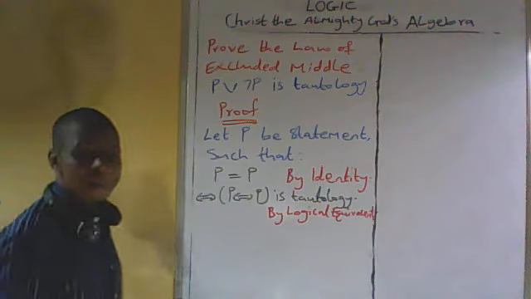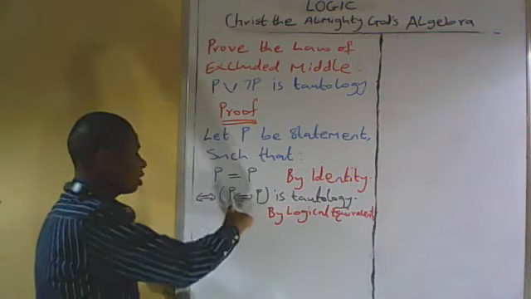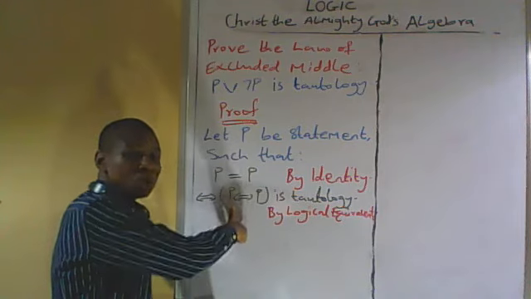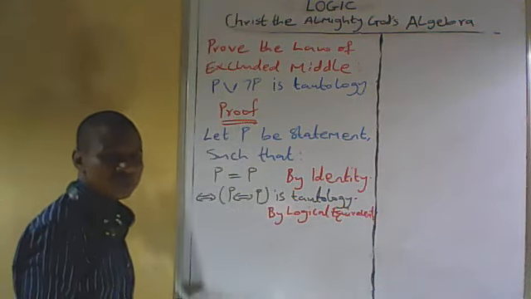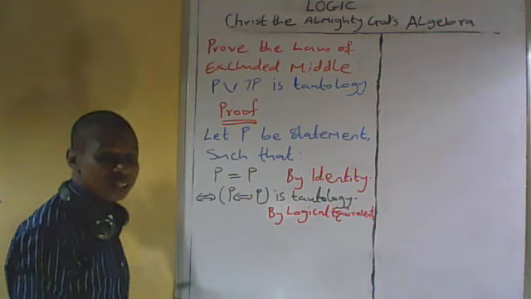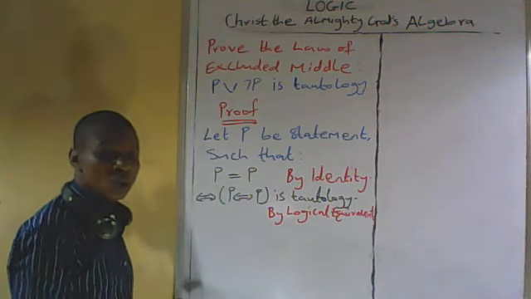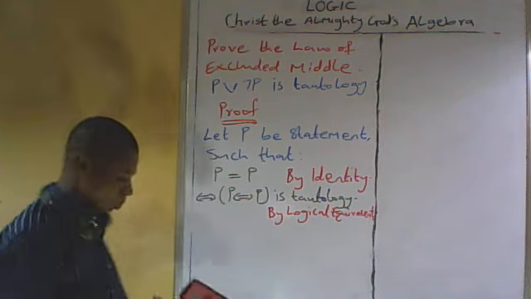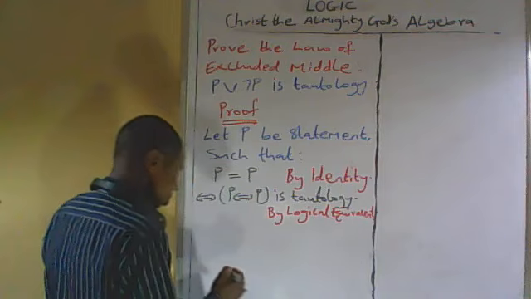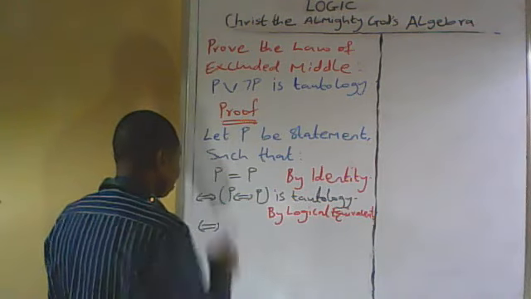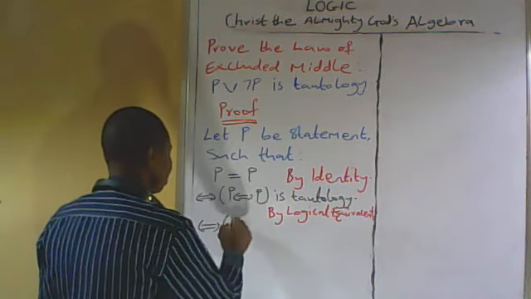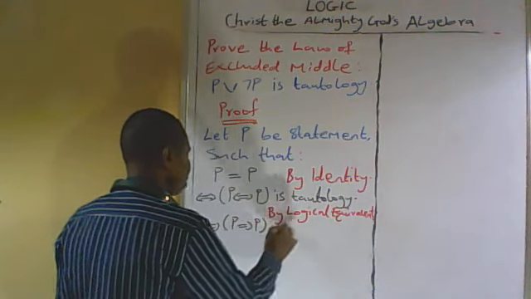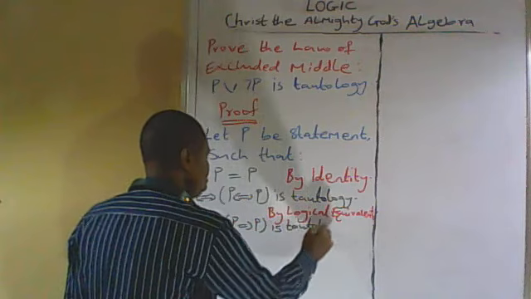Since whenever the left hand side is true, the right hand side is also true, we transform it to a conditional statement and say that it is also a tautology. You say if and only if P implies P is a tautology.